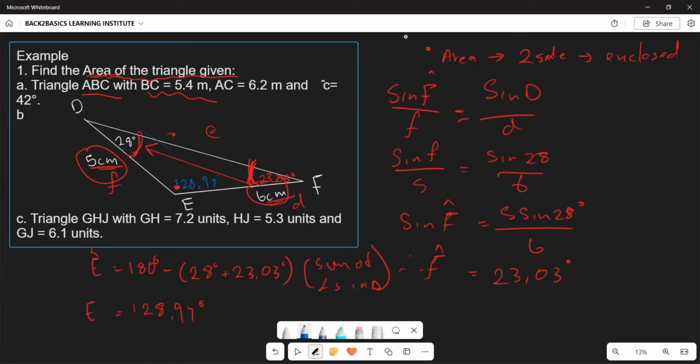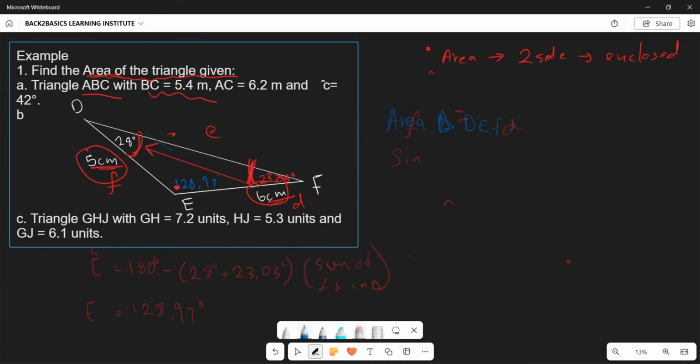Now that you have all of this, let's make up some space to calculate the area of this triangle. Which formula are we going to use? Look, now you have your side D, you have your side F, and the enclosed angle E. Therefore, this now meets the criteria for your area, so you can calculate your area.